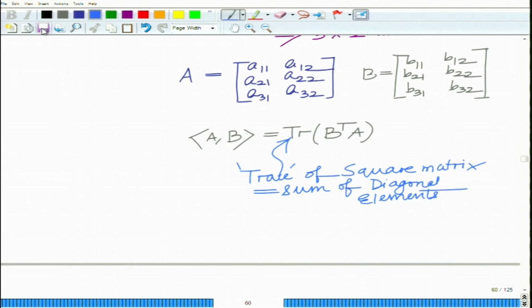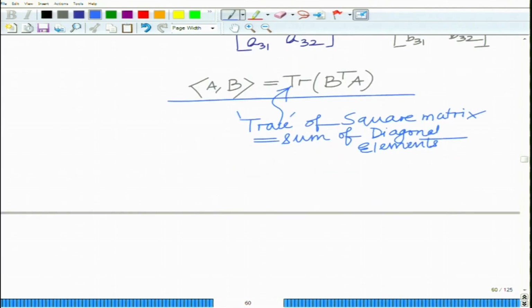That is the trace of the square matrix, and this can be shown to be an inner product.